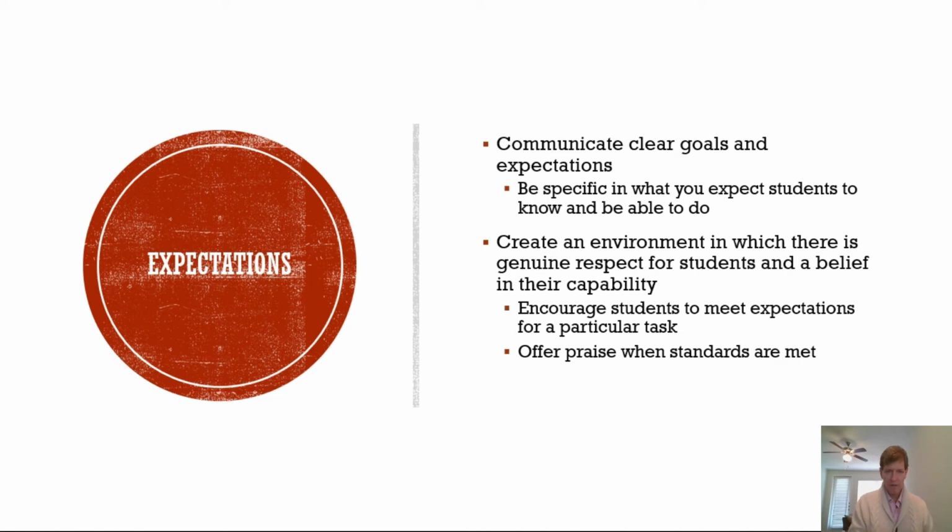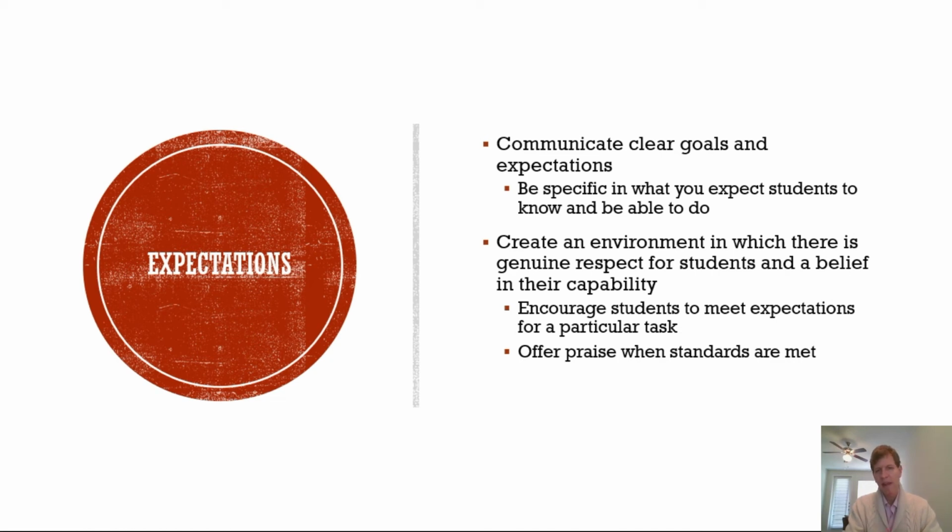Nothing will tell a student more clearly that the teacher doesn't care than a teacher who's unclear and gives what the student thinks of as unfair grades. That's a good way to violate that contract of care. So you want to create an environment in which there is very genuine respect for the students as well as respect and valuing of that student's capability.